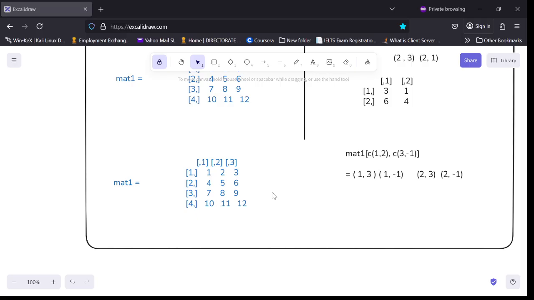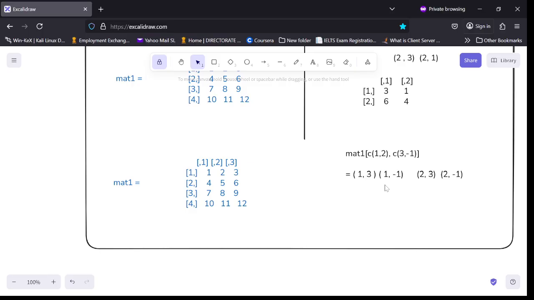In this case, the concept is totally different, because the output itself is a matrix, but for this row concept we are not totally getting a matrix.